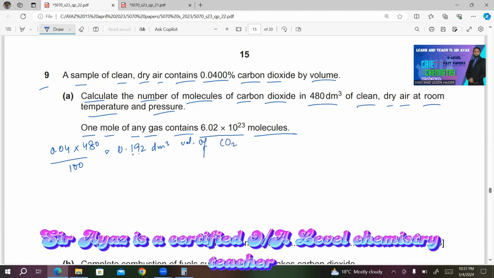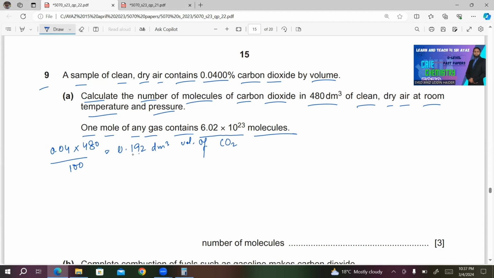You know that 1 mole of any gas contains 6.02 × 10^23 molecules. So first of all, we need to convert this volume of carbon dioxide into moles. At RTP, that is room temperature and pressure, 1 mole of any gas occupies 24 dm³.